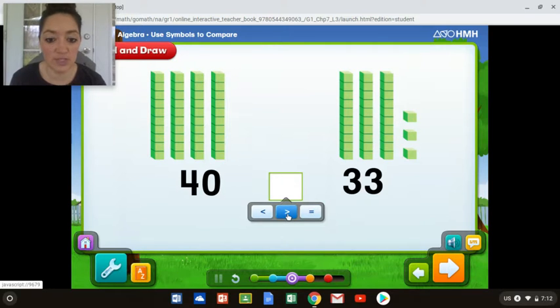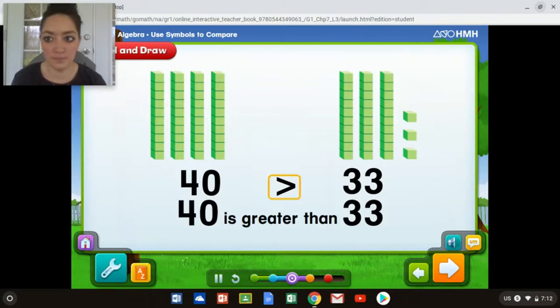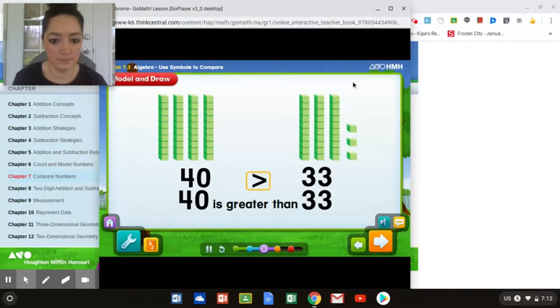We're going to say that 40 is greater than 33 because it has more tens than 33. You can use the greater than symbol to complete the sentence. Use the greater than symbol if the first number is greater. 40 is greater than 33.